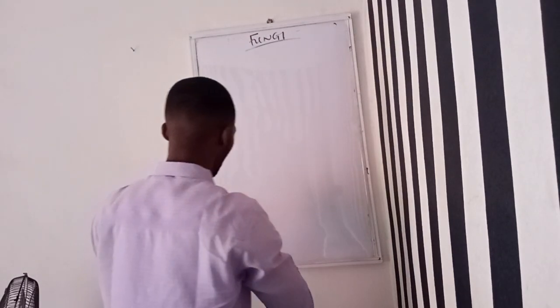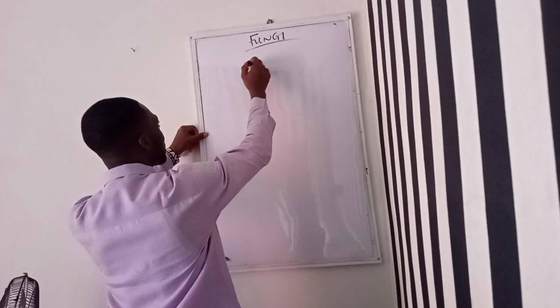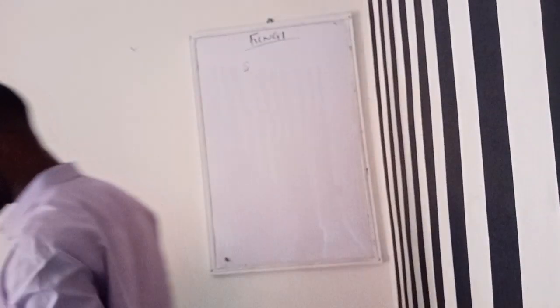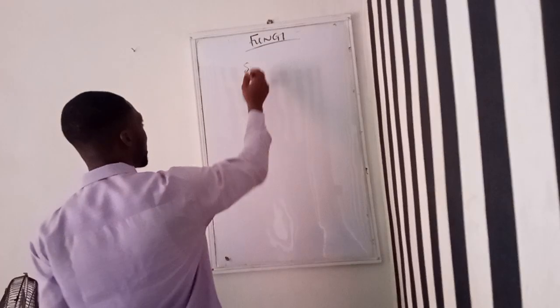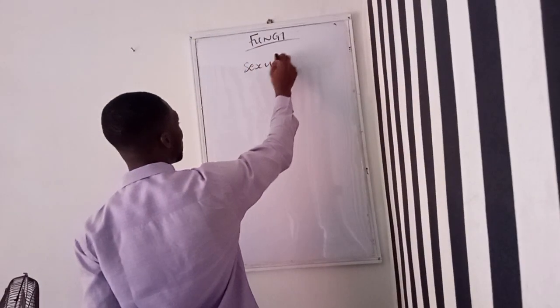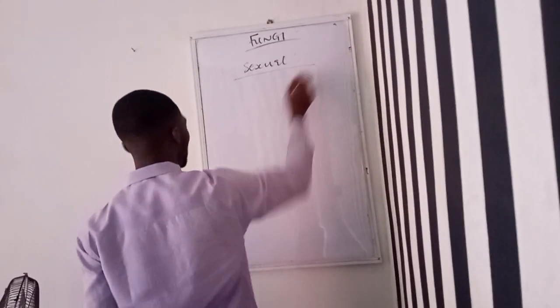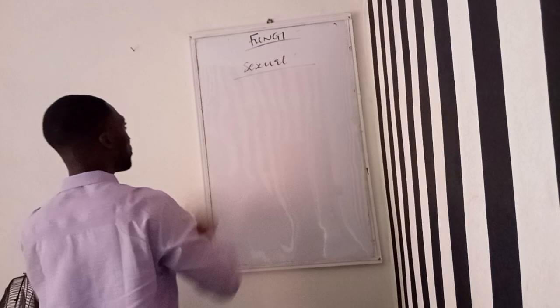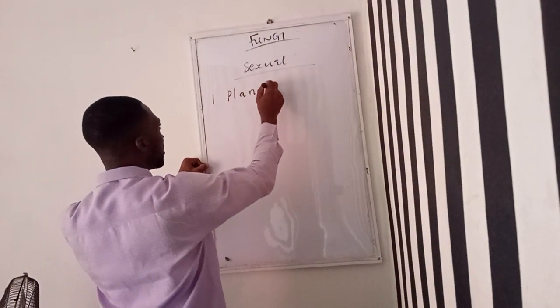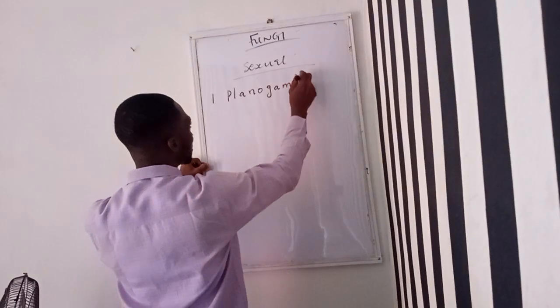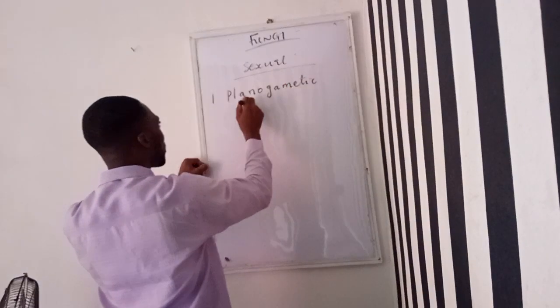Let's look at sexual reproduction first. Under sexual reproduction, we have what is called planogametic copulation.